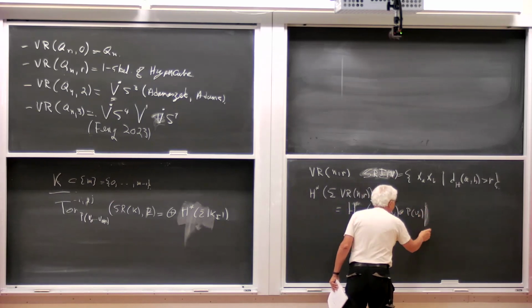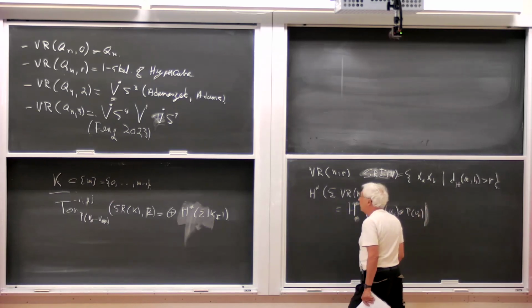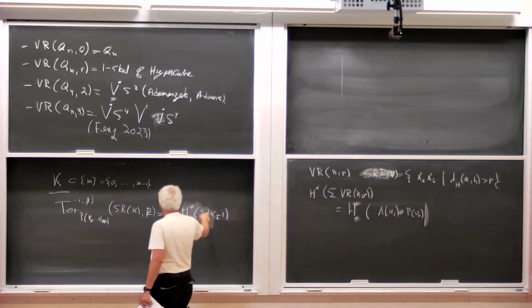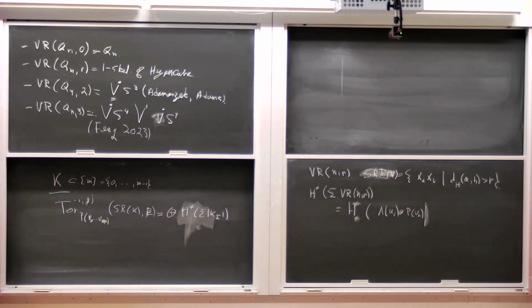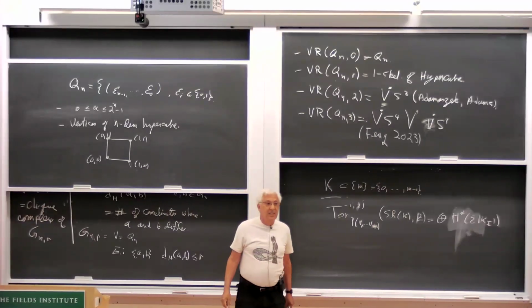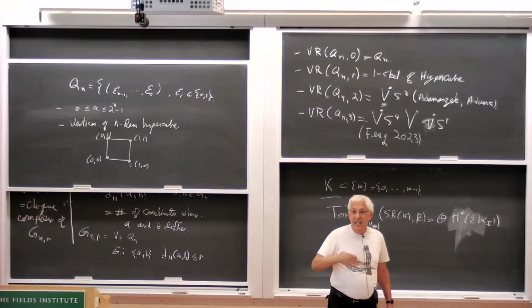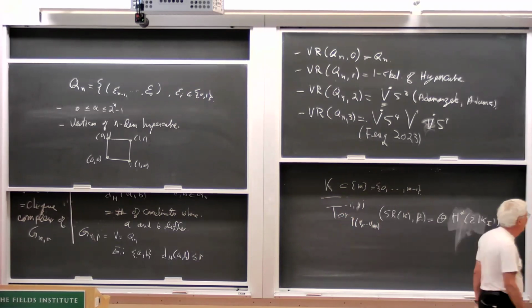And I want these to have support equal to the number of vertices in VR_n(r), which is 2 to the n. I want the support to be every single vertex.